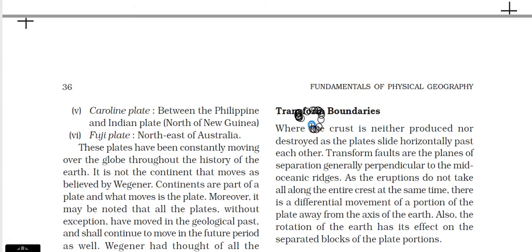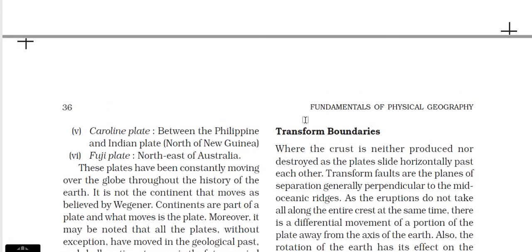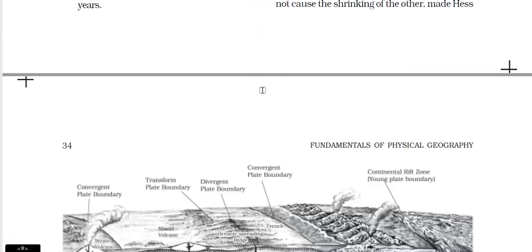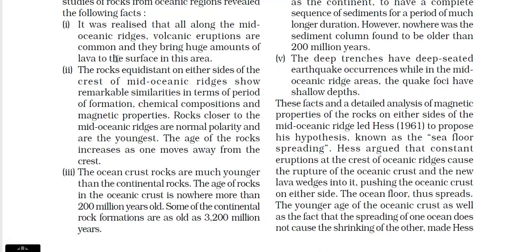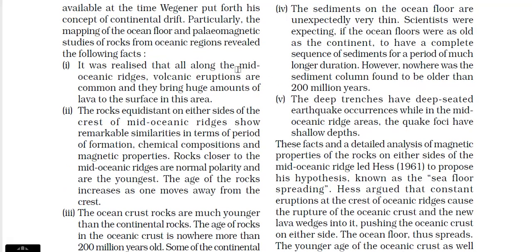I will just tell you where it is written, then it will be very easy for you. These are the points, first, second, and so on. These 5 points are the latest discoveries which resulted in all this.